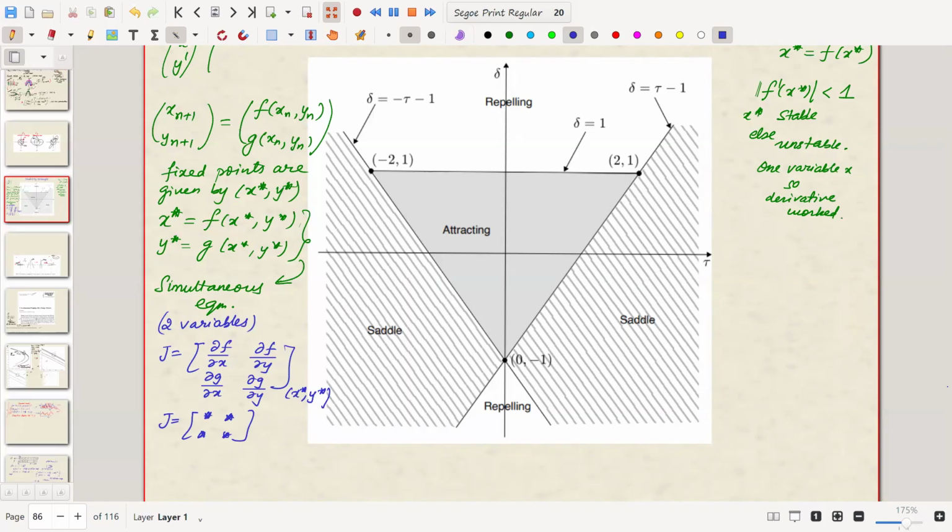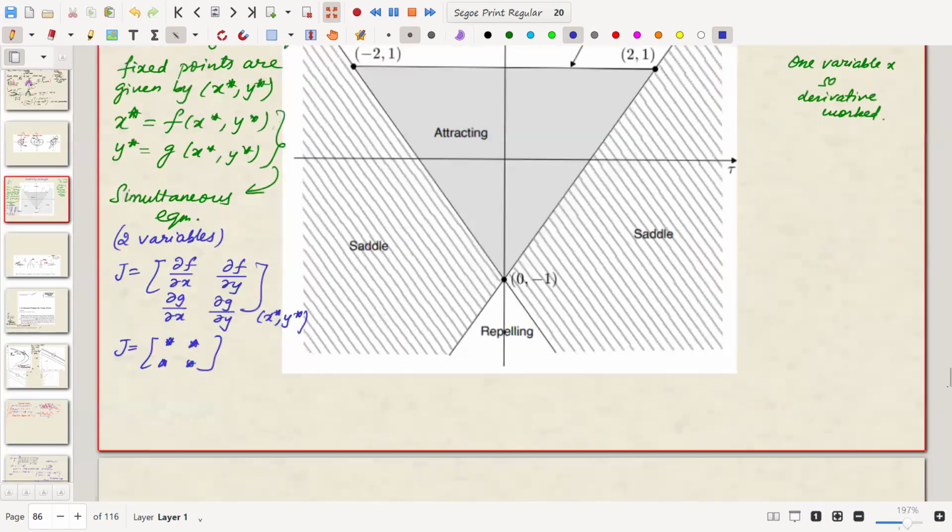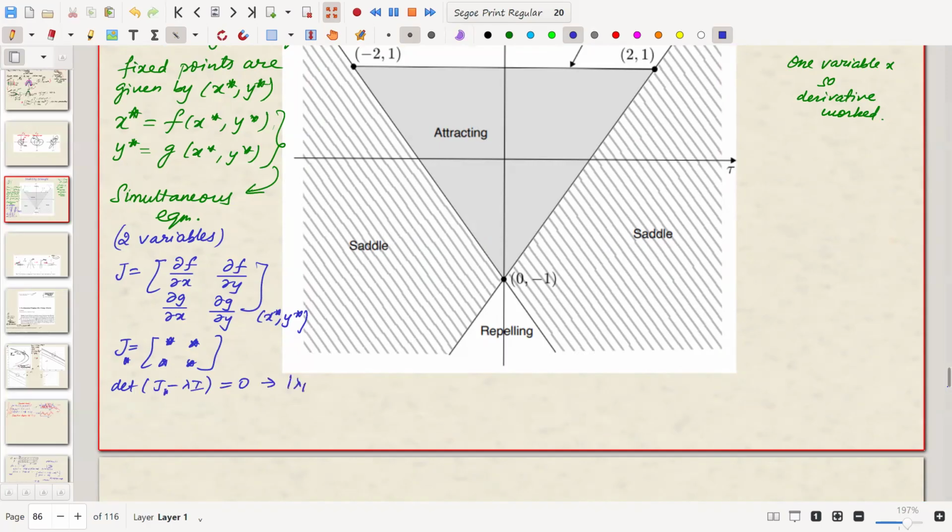You take the determinant of J star minus lambda I equal to zero, and from that you can compute the eigenvalues. There will be two eigenvalues because it's a 2 by 2 matrix. Check if mod of lambda 1 is less than 1 and mod of lambda 2 is less than 1. If that is the case, then x star, y star will be stable.